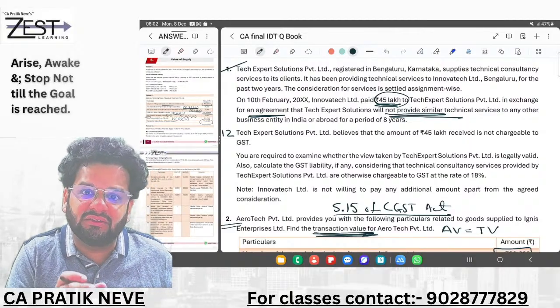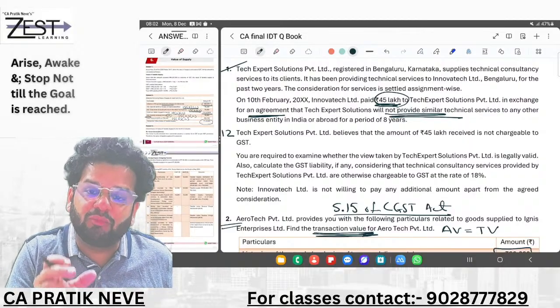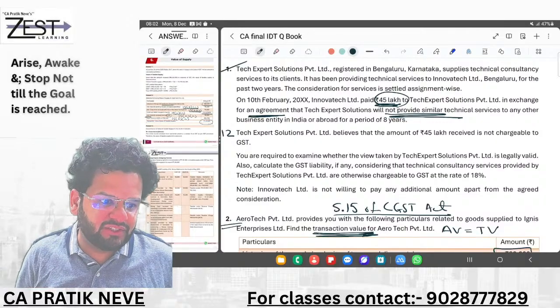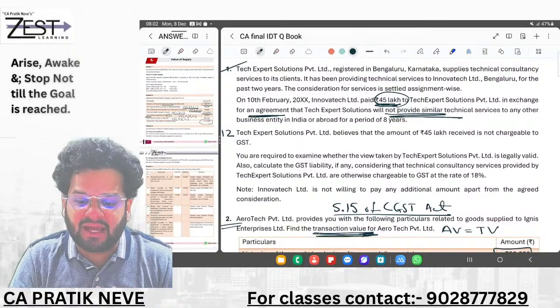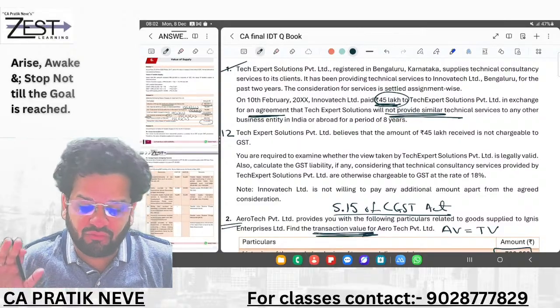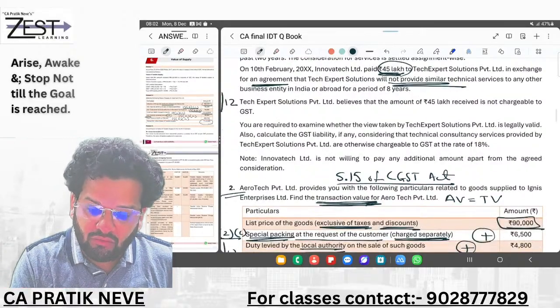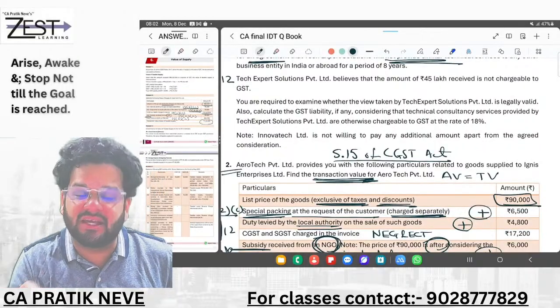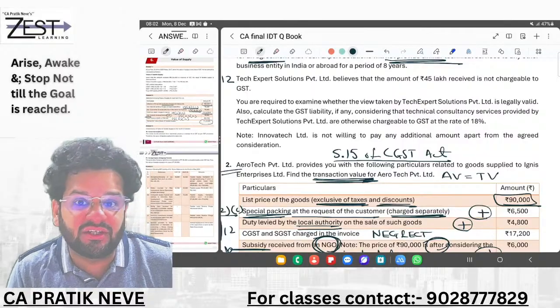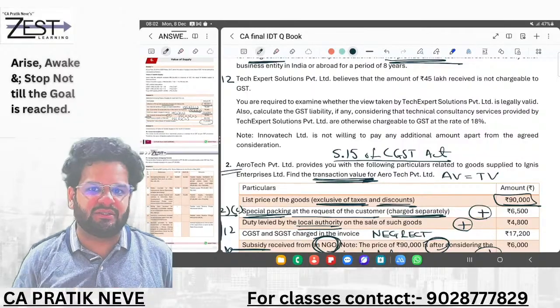So it is refraining us from doing an act, and refraining from doing an act is also supply. So against that, we have received consideration of 45 lakhs. So will 45 lakhs be chargeable to GST? The answer is yes, because it is considered as supply under GST.